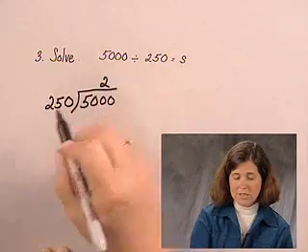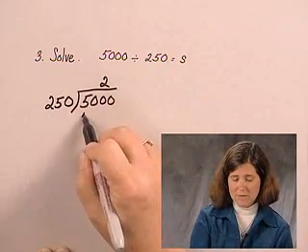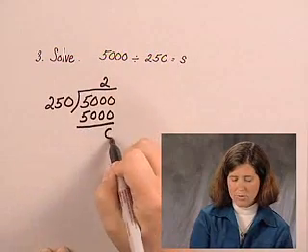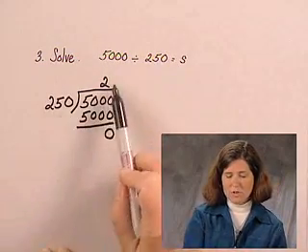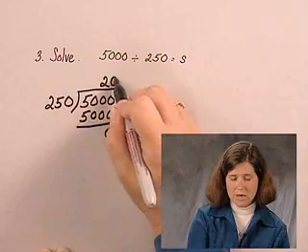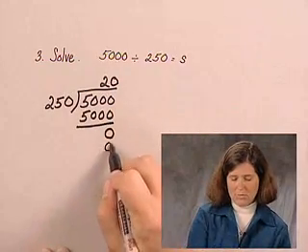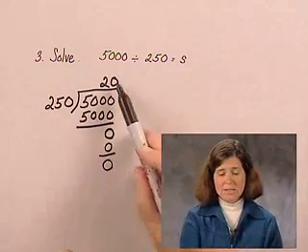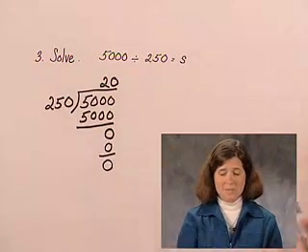That's actually 20 times 250, which is 5,000. We subtract and get a 0 remainder. We think 250 goes into 0 ones 0 times, and we could subtract if we want to, to continue to get a 0 remainder. And so we have an answer of 20, and that equals S.